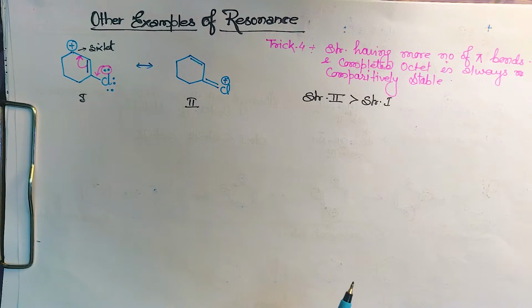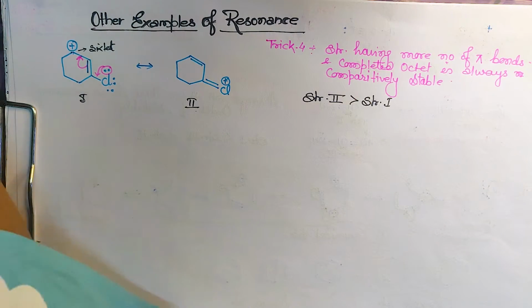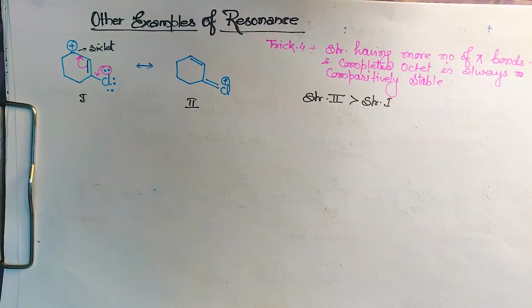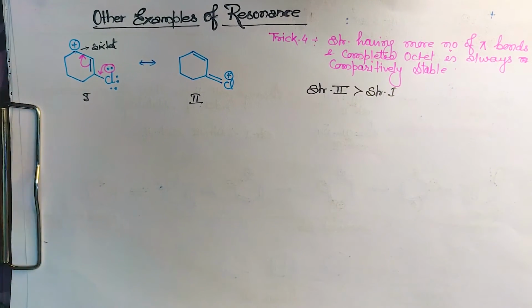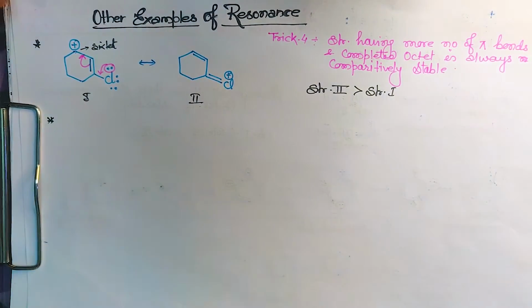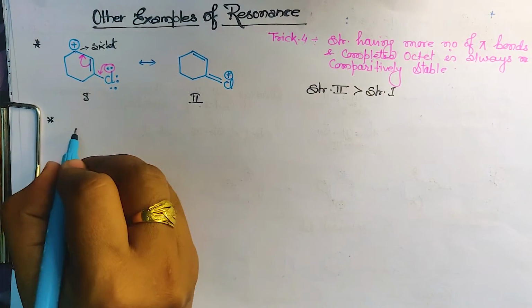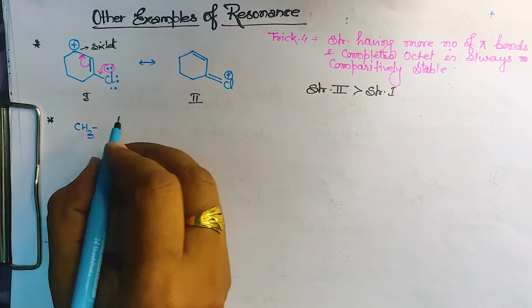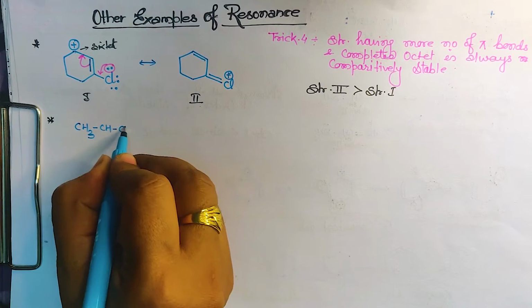Okay, now let's do the next structure. This is not a resonance question; let me show the trick only. Suppose I'm giving you this compound, CH3 CH2, which will be like this. Let me draw this compound.